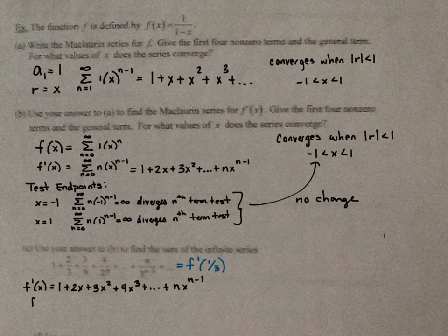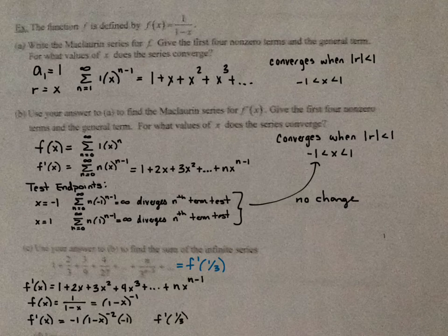Well, how do you find the exact value of f prime of 1/3? We already know that f of x is 1 over 1 minus x from the original problem. So if we take the derivative of it, I should get -1 times 1 minus x to the -2 times -1 by the chain rule, and then plug in 1/3 for x.